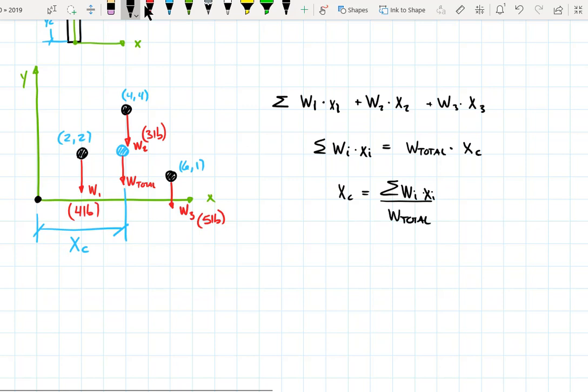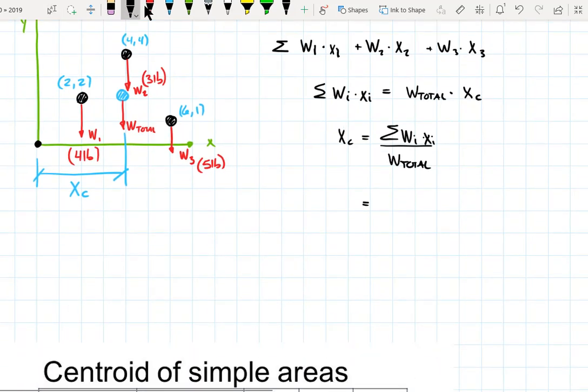And in this case, I can actually put all the numbers in. So weight 1, I said, is 4 pounds, and it is 2 feet, maybe, plus weight 2 is 3 pounds, and it is 4 feet from the y-axis. I'm measuring everything in the same direction. And then the third one, I made 5 pounds, and I made it 6 feet.